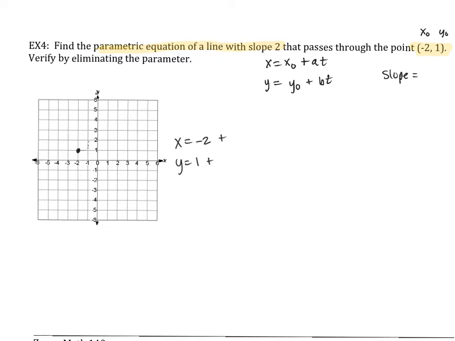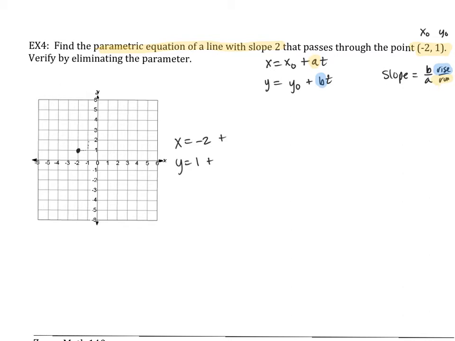So if the slope is b over a, then this is rise over run. So it makes sense that the horizontal amount would be added to the x, and that the vertical amount, the rise, would be added to the y. So that's kind of what's going on.